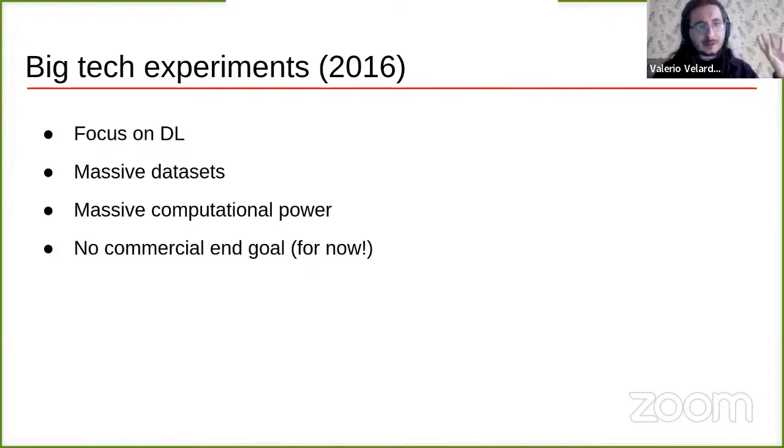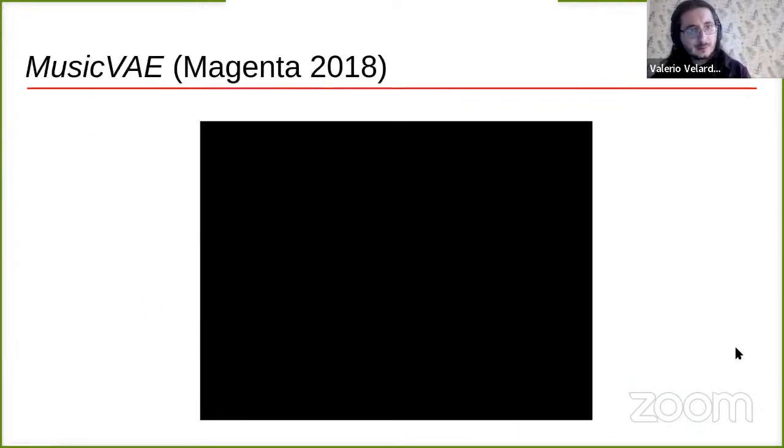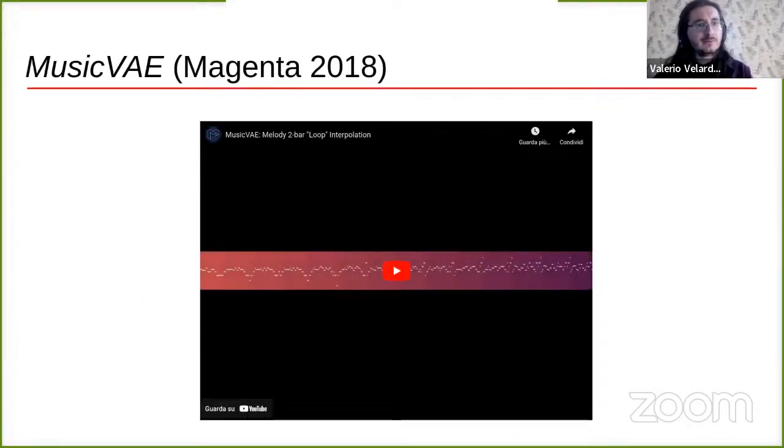When I'm talking about big tech companies, I'm referring to Google and its creative AI research lab called Magenta, OpenAI, Amazon, and IBM through Watson. There have been a lot of experiments throughout this period, one of which is MusicVAE, a really cool system developed by the Magenta research group within Google.